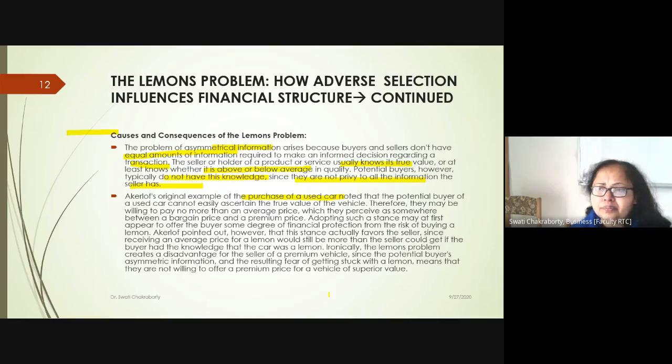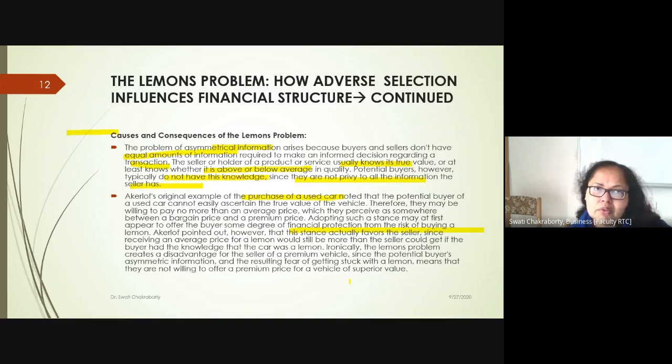So they may be willing to pay not more than an average price, which they feel is somewhere between the bargain price and a premium price. If buyers go with such a policy, it may at first appear to offer the buyer some financial protection from the risk of buying a lemon, because there's always a risk that they may end up buying a defective car.